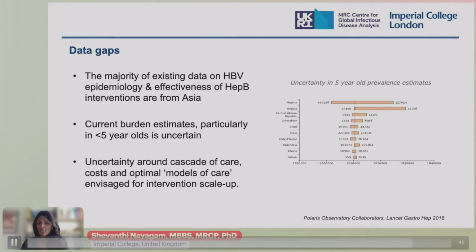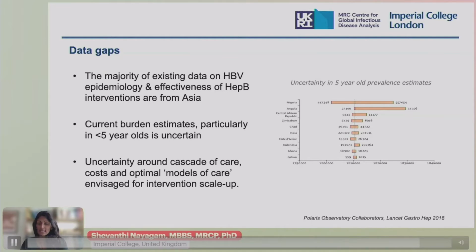And the panel on the right is just taken from the Polaris data again. It shows the countries with the largest uncertainty in under 5-year-old prevalence estimates. And we can see Nigeria, Angola, Central African Republic, Zimbabwe, and Chad among the top 5 that drive the uncertainty.